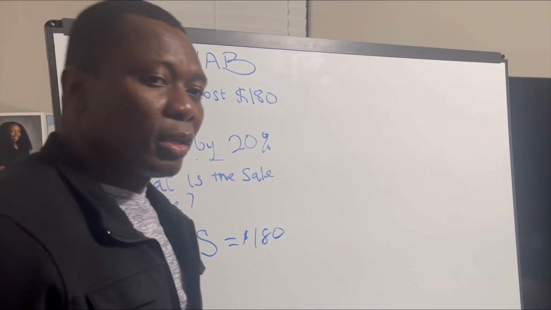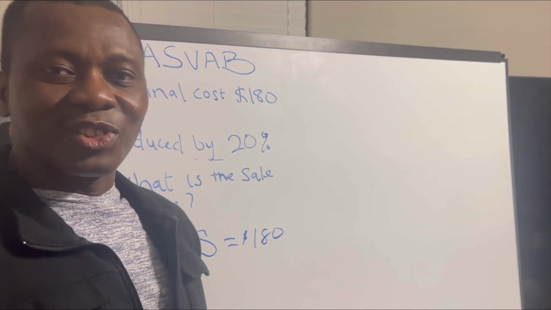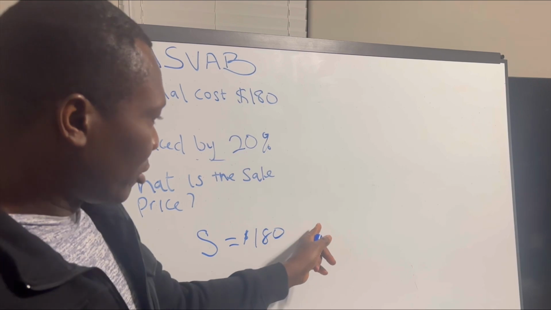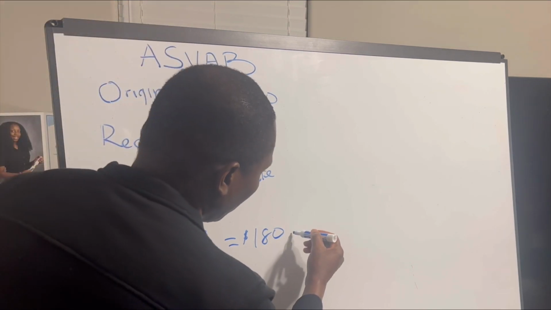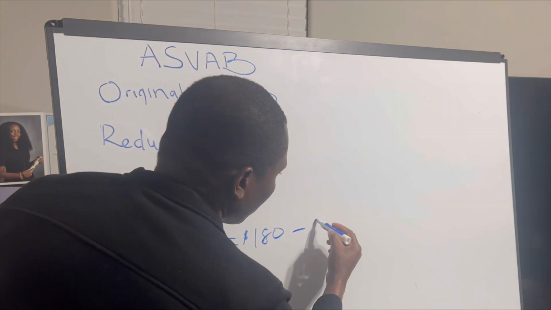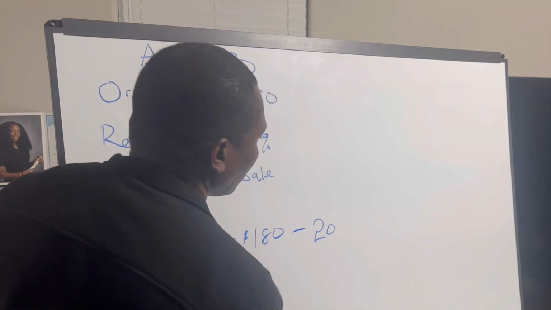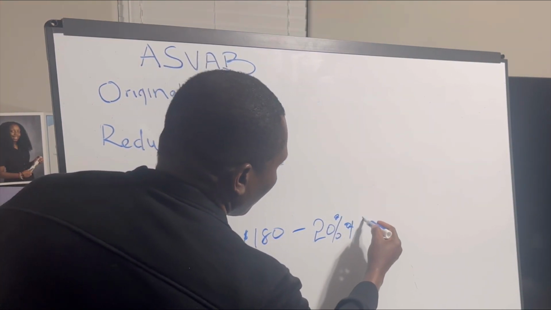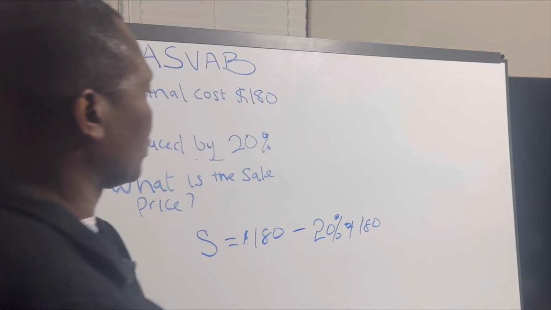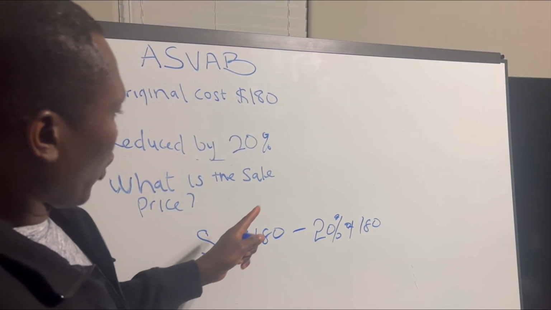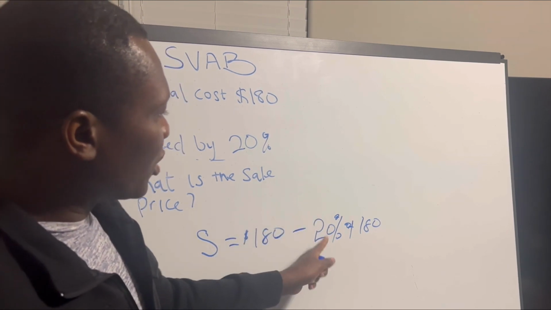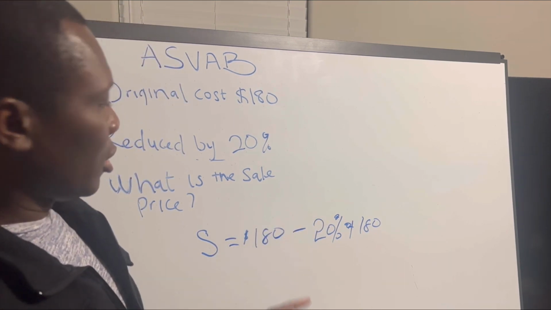So what the question is asking us to do is to reduce the 180 by 20% of 180. So when you reduce 180 by 20% of the original price, that's your answer.